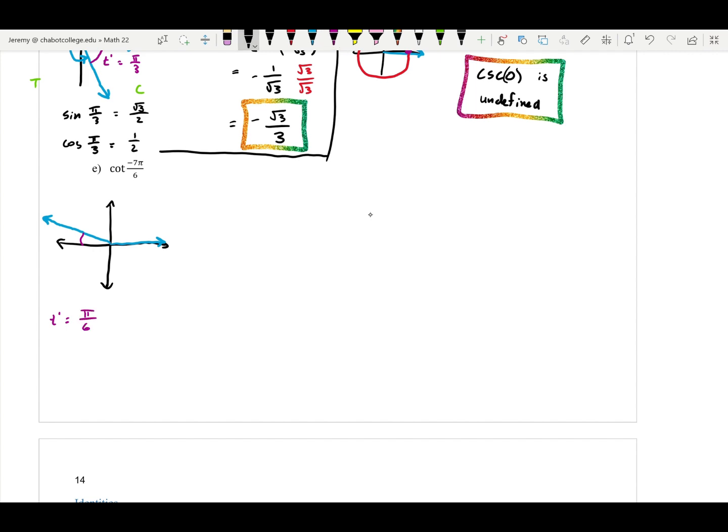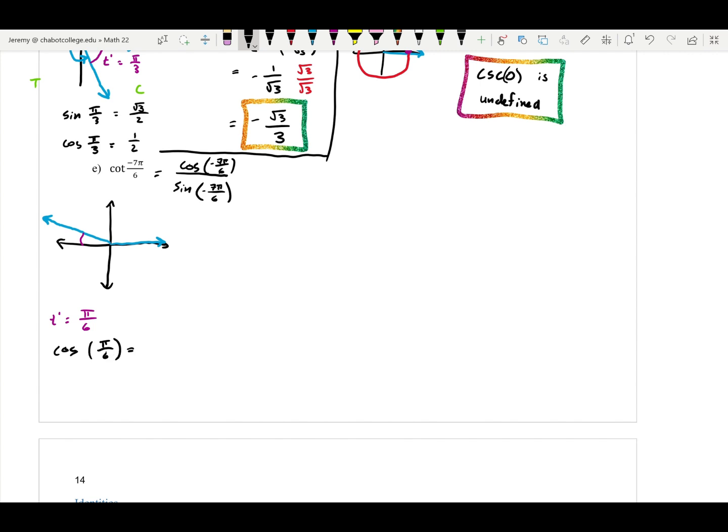And now cotangent, remember, this is the same as cosine over sine. So really I'm finding cosine of negative 7 pi over 6 divided by sine of negative 7 pi over 6. So let's evaluate both of those. Cosine, using the reference angle first.